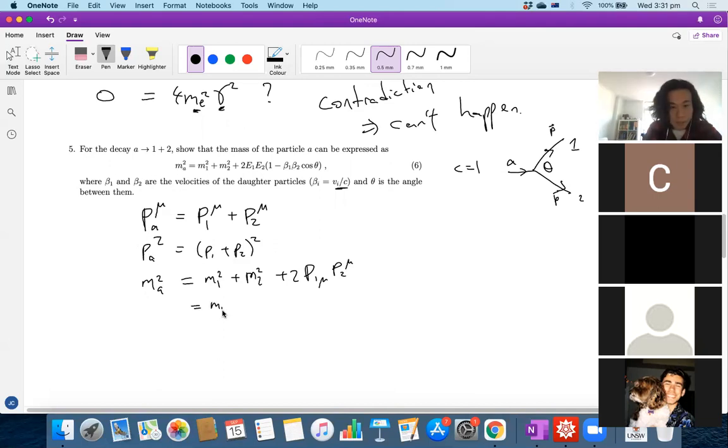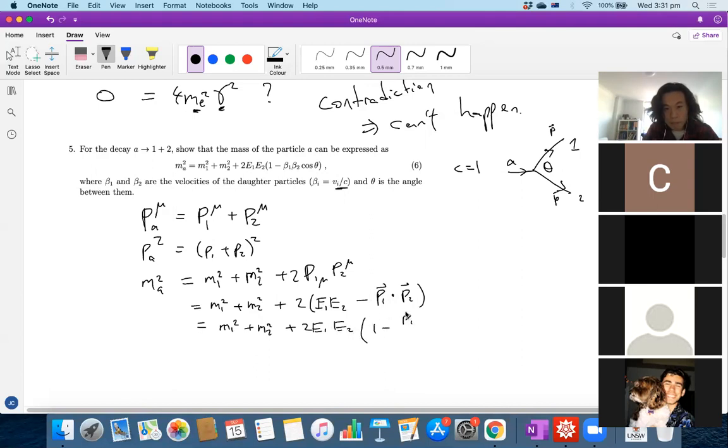We know the inner product is just the energy part and the momentum part done separately: 2 times (E_1 E_2 minus P_1 vector dot P_2 vector). Then I take out a factor of E_1 E_2 at the front, so I get M_1 squared plus M_2 squared plus 2 E_1 E_2 times (1 minus P_1 dot P_2 over E_1 E_2).